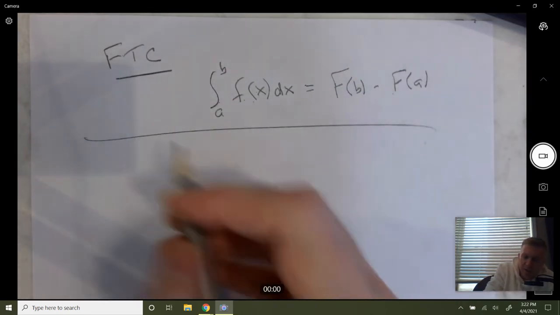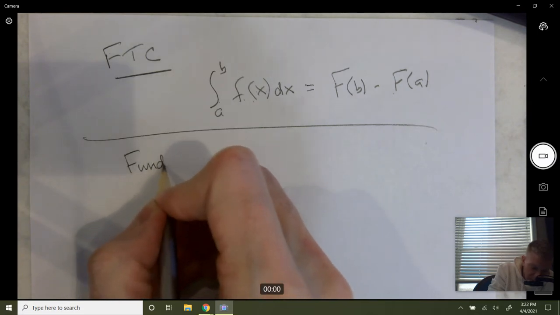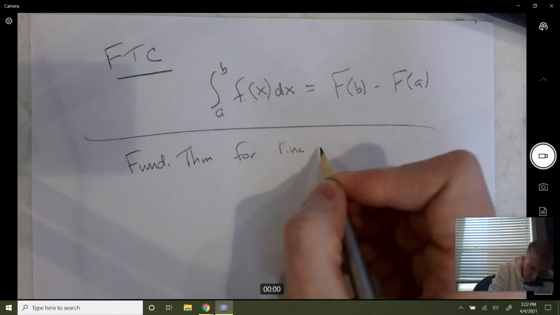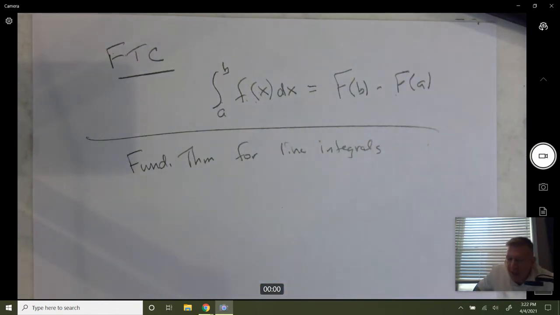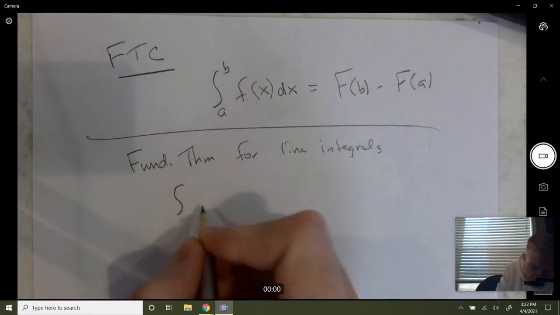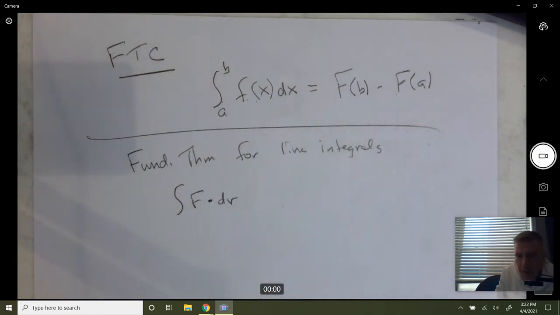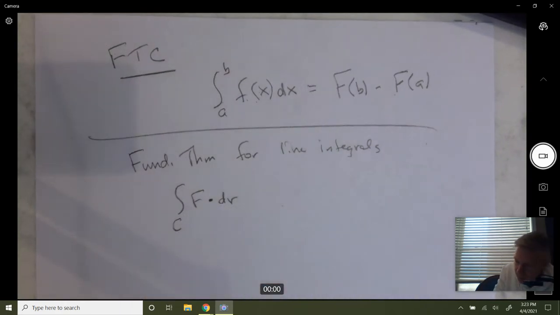Okay. Now, there's something called the fundamental theorem for line integrals. Okay, and it's similar, and it only works if it's a conservative vector field. So this is the integral of F dotted with dr. So this is the amount of work done by the vector field in moving a particle or an object along a particular curve or path through a vector field. So we'll say along some curve.